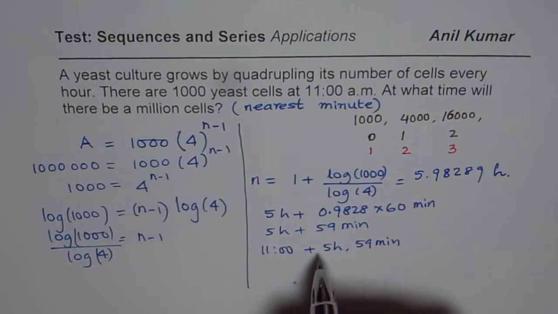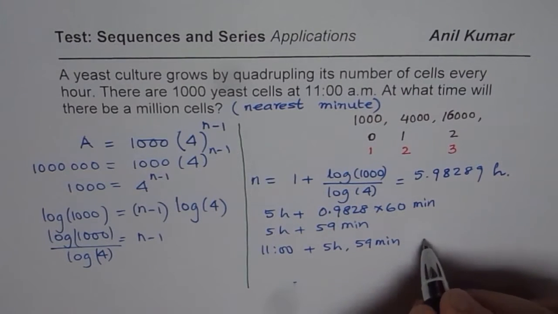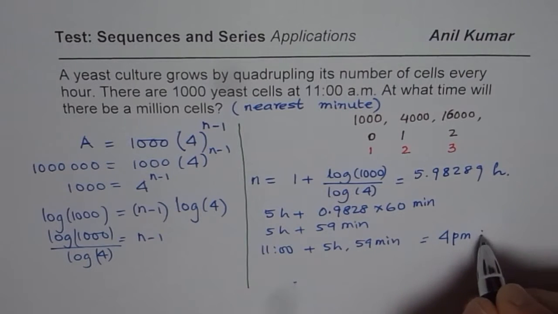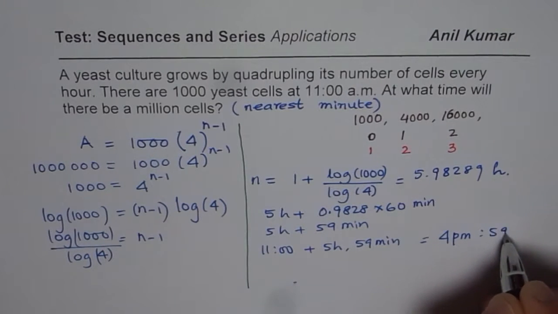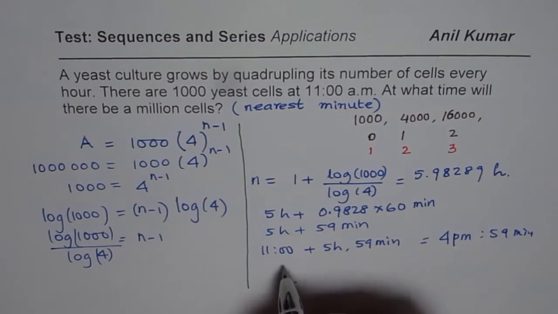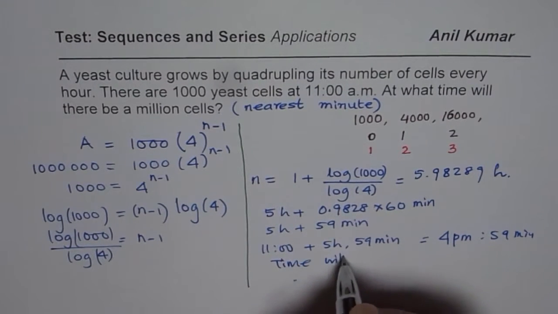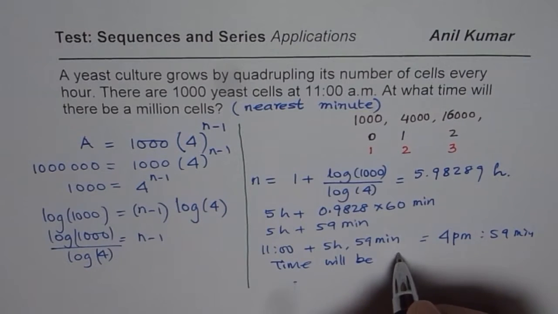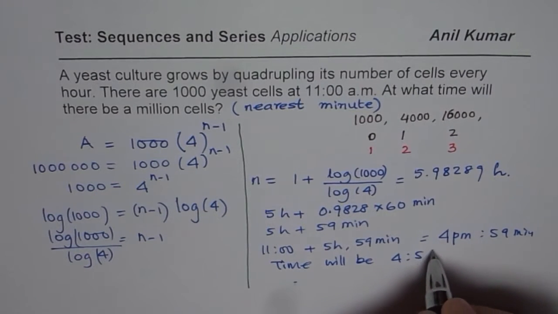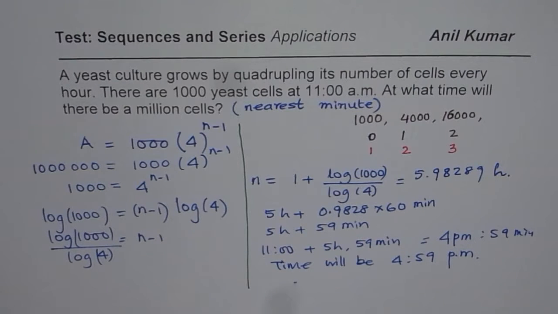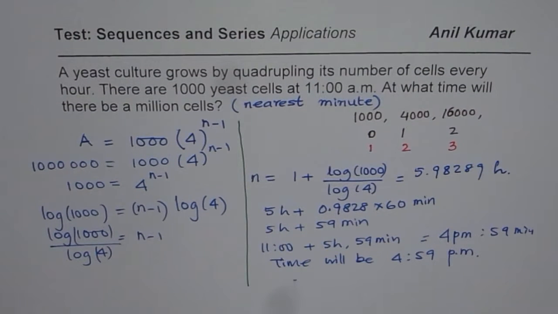So we get 4 p.m. as the time. 4 p.m. and 59 minutes. So the time will be 4:59 p.m., right? That is how you can answer this particular question.